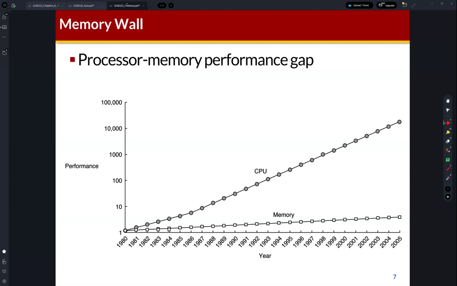The memory performance also increased exponentially, but the performance of the CPU increased much higher. So you can find the performance gap between the CPU and memory. What does that mean? The performance gap is increasing. Actually, memory is slow.